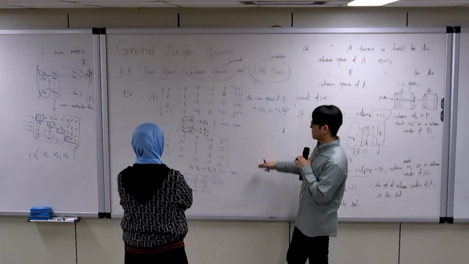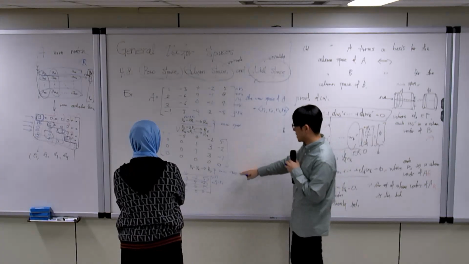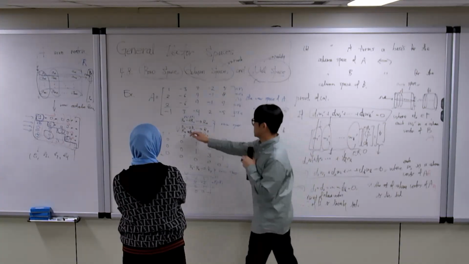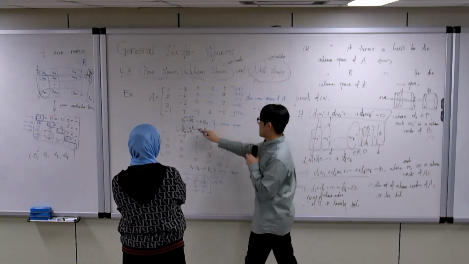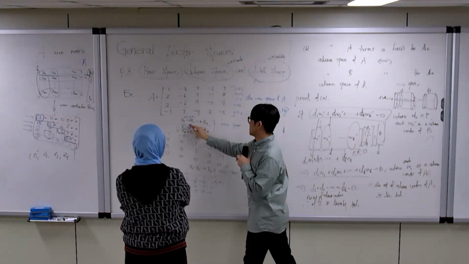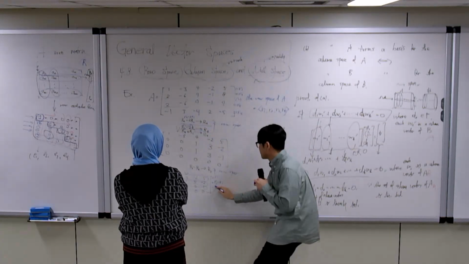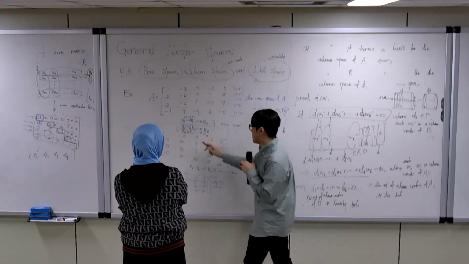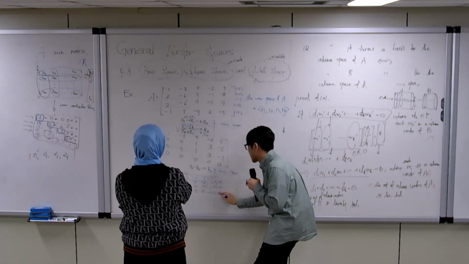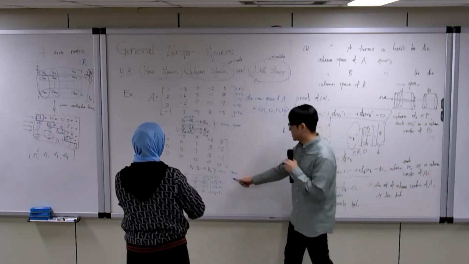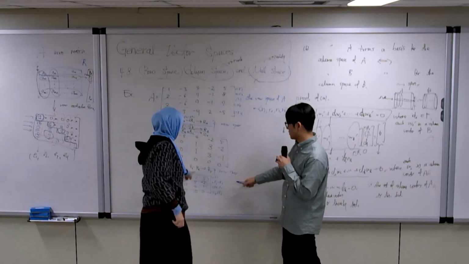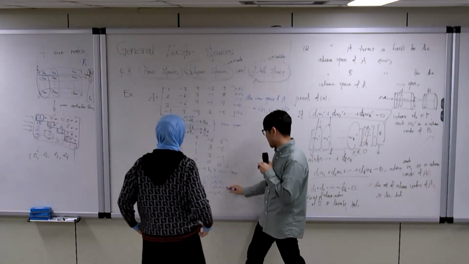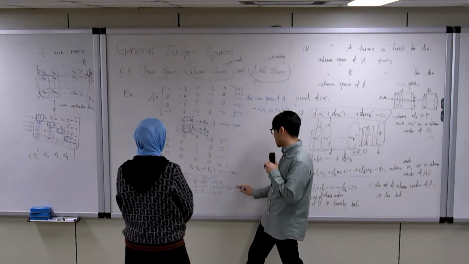We calculate it to R2, and the third row was R3 minus 2R1, and the last one is R4 plus R1. Then R3 minus R2, R2 minus R1.